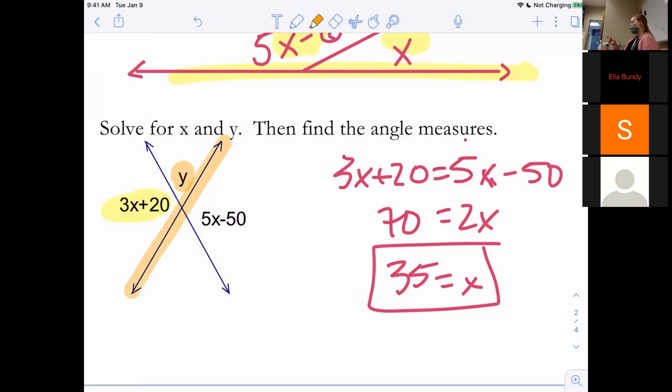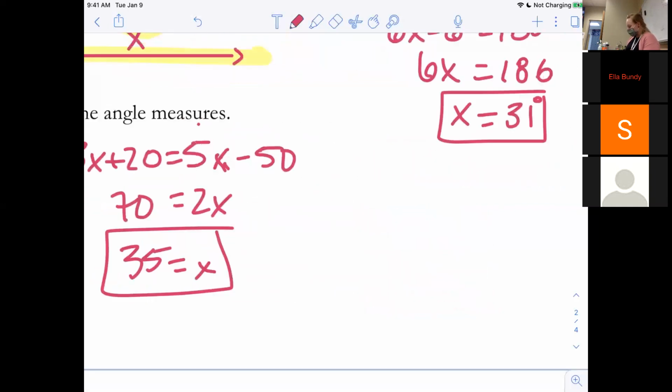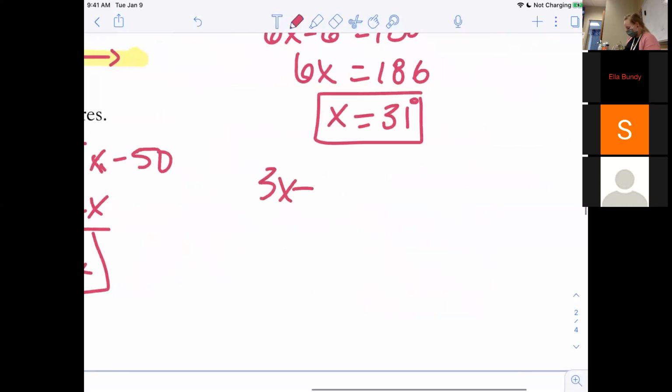Abby? Supplementary. And then what's the other word that we learned for supplementary angles that are adjacent on one line? Linear pair. Very good. So these are supplementary angles. Let's add them up and set them equal to 180. 3x plus 20 plus y equals 180.